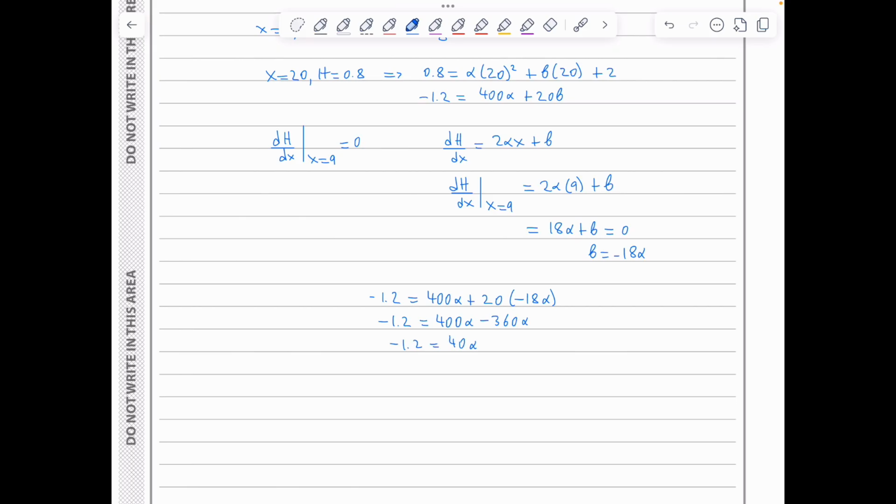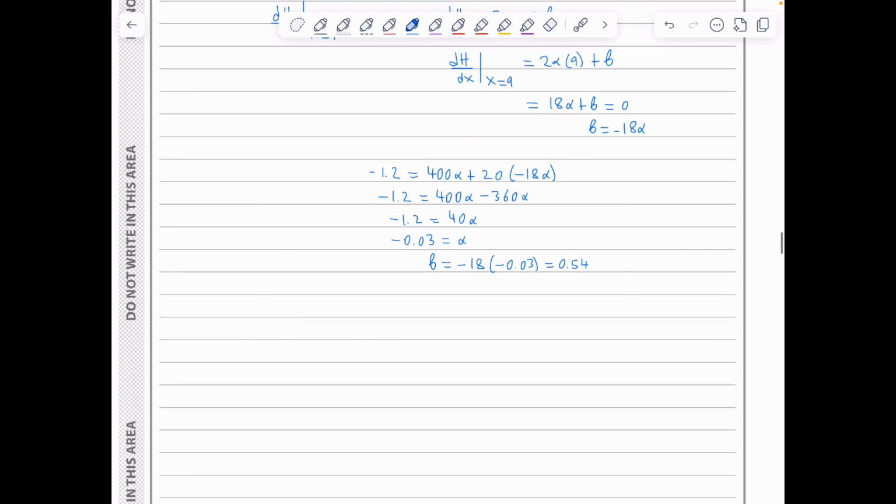I'll divide by 40 to get negative 0.03 as the value of alpha, and then beta is just negative 18 times alpha, so negative 18 times negative 0.03, which gives 0.54. And then we conclude that capital H is negative 0.03x squared plus 0.54x plus 2, which is a perfectly acceptable answer for the first part of this question.